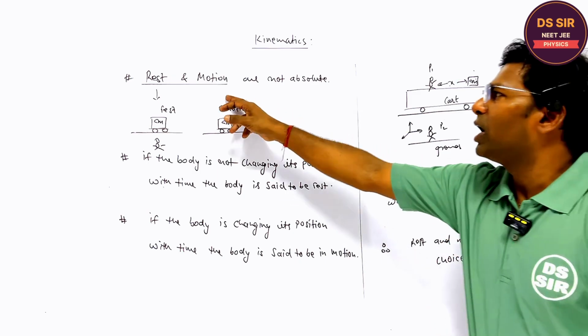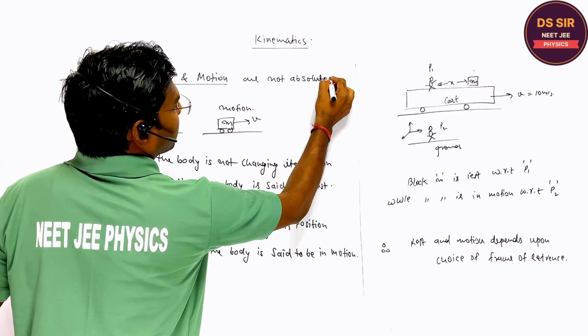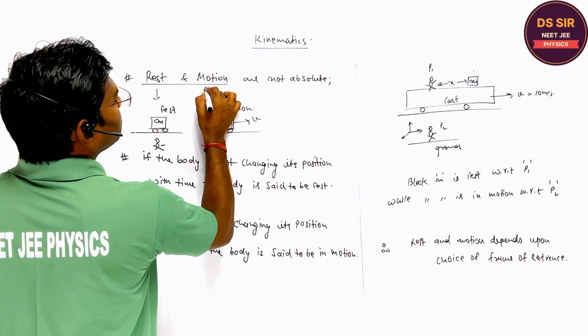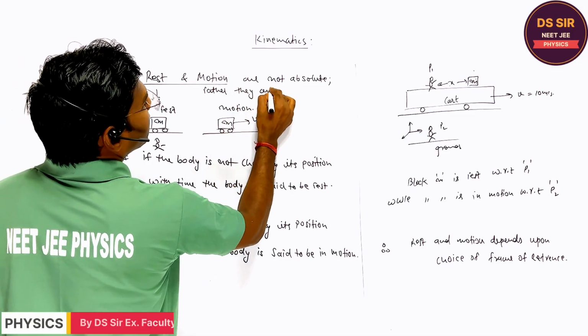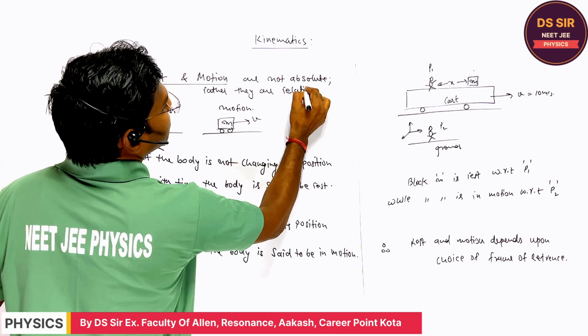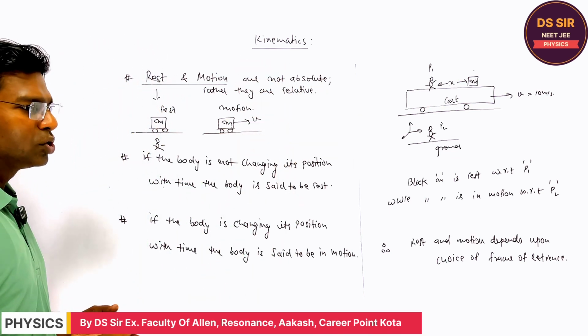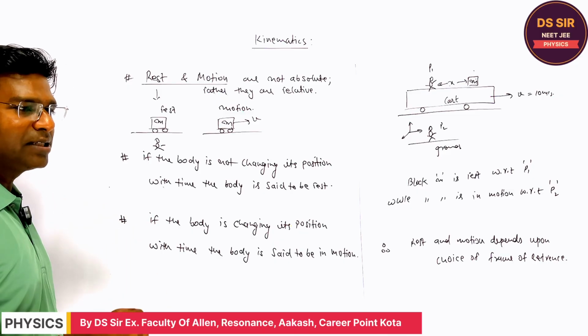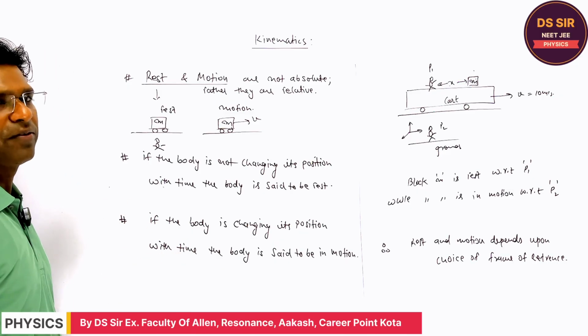So rest and motion are not absolute; rather, they are relative. You understand or not? So if a body is at rest, it is not said to be at complete rest, only with respect to some frame of reference.